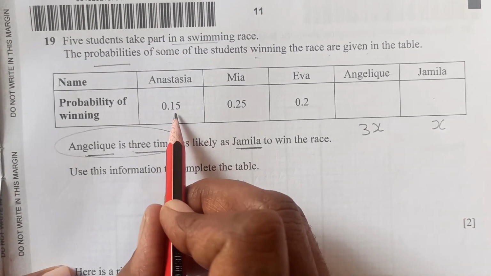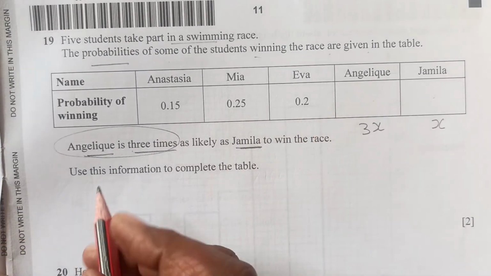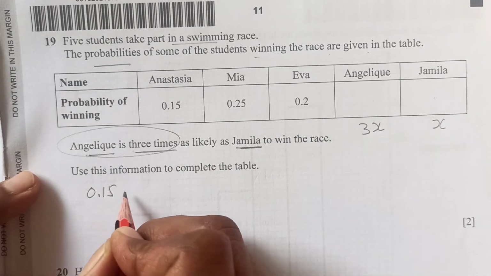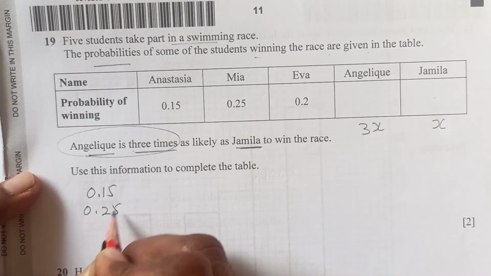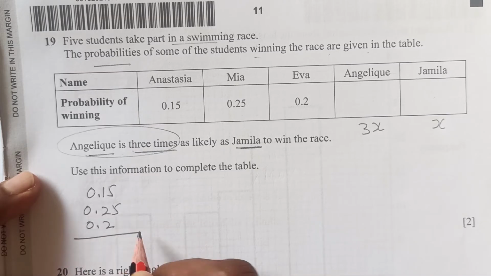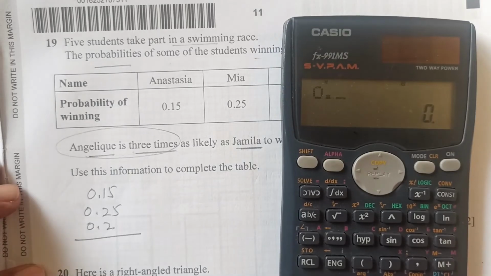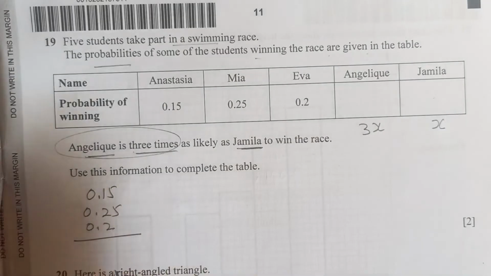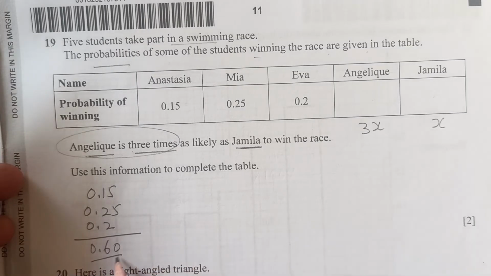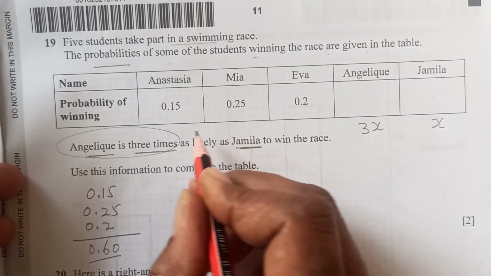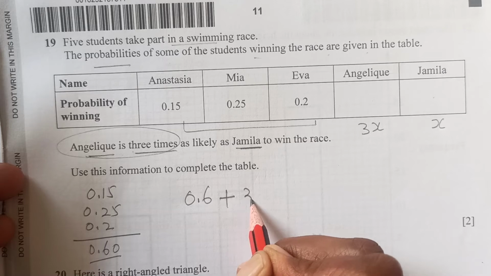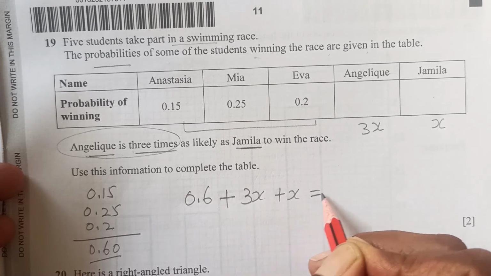So now you know that the sum of the probabilities is equal to 1. So 0.15, 0.25 and 0.2. Let's first add these: 0.15 plus 0.25 plus 0.2 is 0.6. So 0.6 plus these 3x plus x is equal to 1.